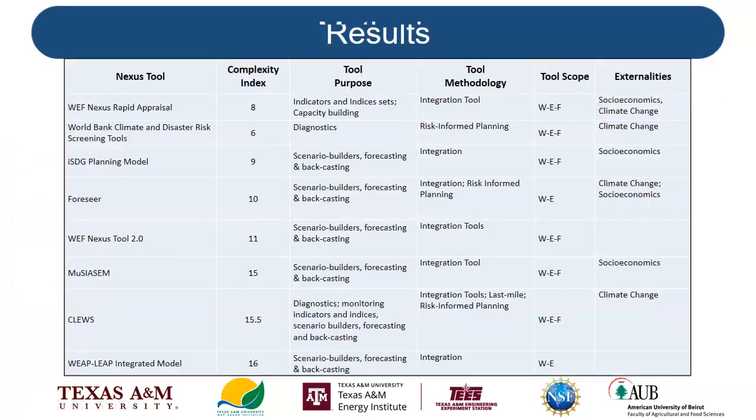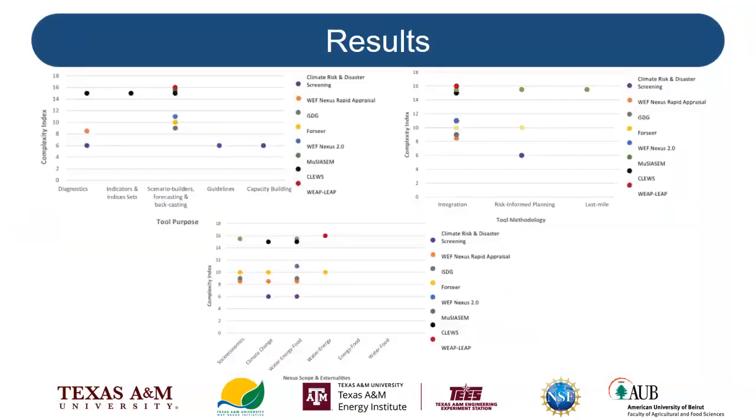Based on the criteria that we developed, we quantified those complexity indices, again within the context of understanding the purpose of each of these tools, the methodology they have been using, and the scope they cover, and mapped those against the different tool purposes and methodologies.